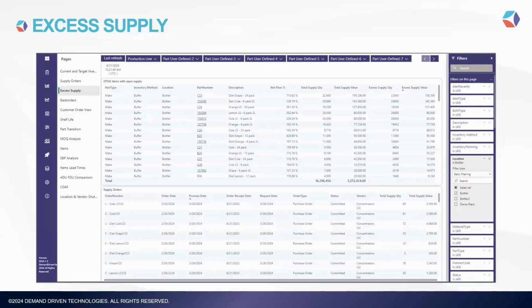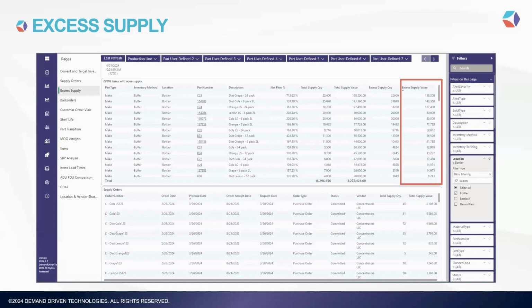Excess supply. Well, we were just looking at supply. Now we're looking at excess. This is an important page because this is showing you items where you have excess on hand and you have open supply orders. So right here in your excess supply value, having that sorted, you see which items you could take action against to maybe reduce these orders, or do you really need them?